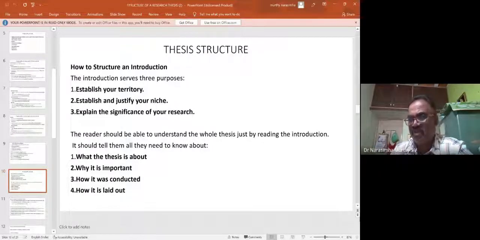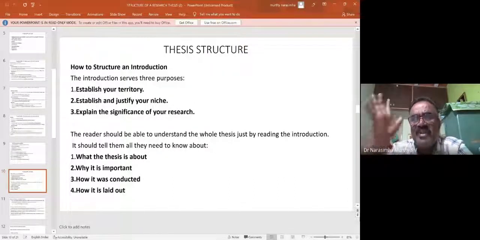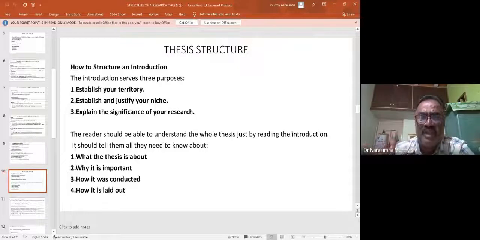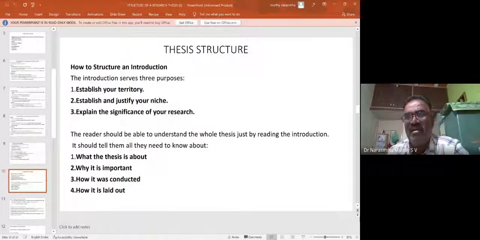Then establish and justify your position, your stance, your viewpoint. Then talk about the significance of your research. Because anybody who reads your research should be able to tell all about your work. It's a kind of mini thesis. It should be.